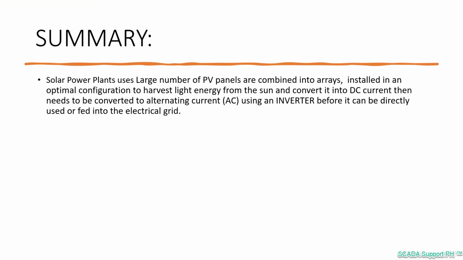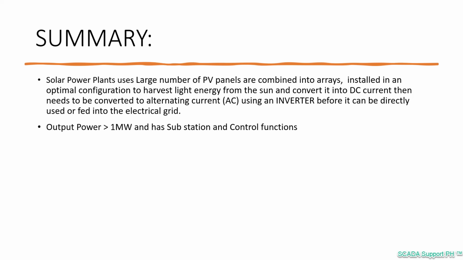As a summary, solar power plants use a large number of PV panels that are combined into arrays, installed in an optimal configuration to harvest light from the sun and convert it into DC current, and your inverters are used to convert them to AC current before it can be directly used or fed into the electrical grid.